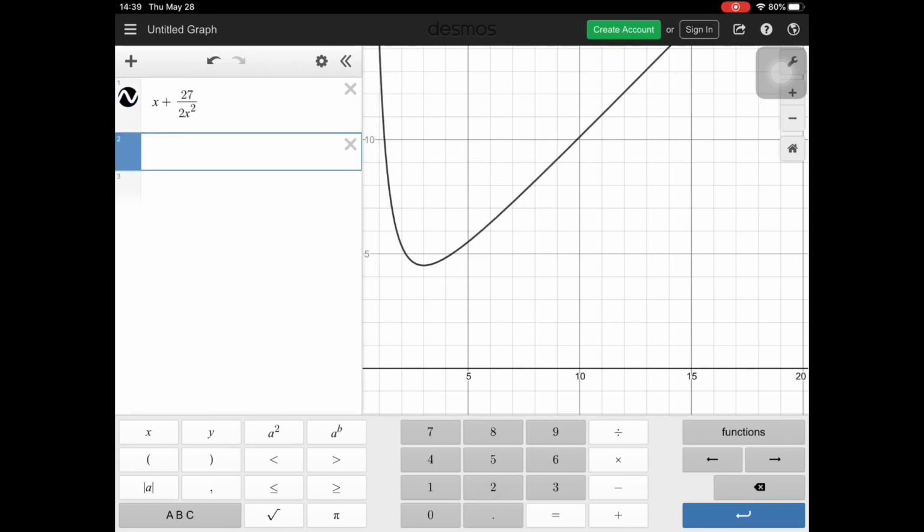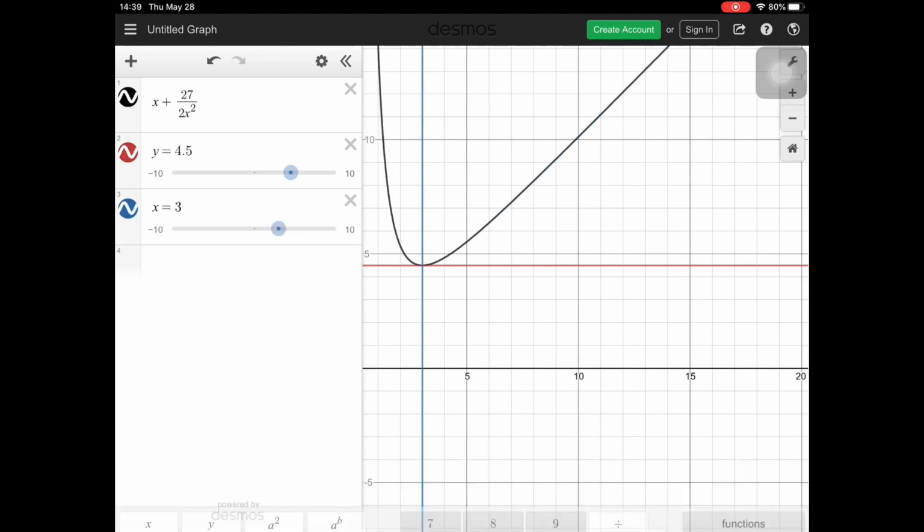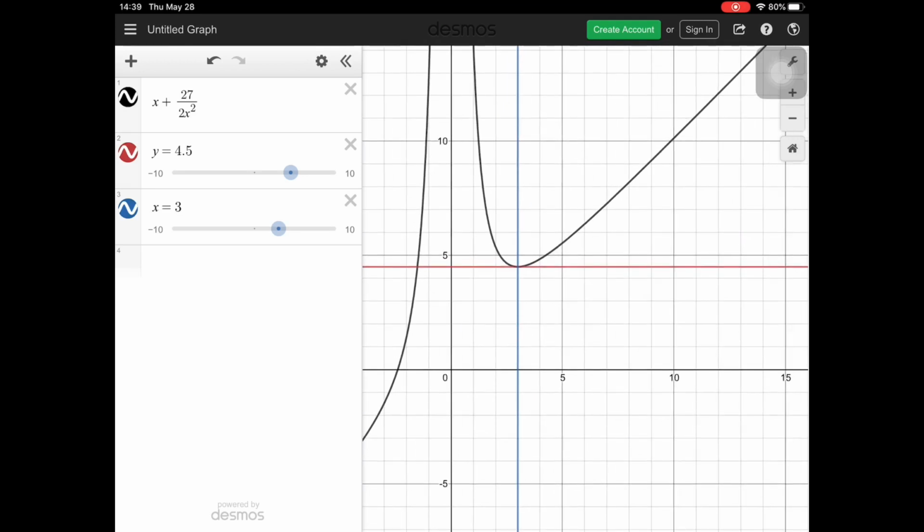Then I'm going to plot the horizontal line, which was y equals 4.5. You see that we get a tangent line there, which is horizontal. And I'm going to plot the vertical line, which is x equals 3. And you see that we get a normal line at exactly the same point of intersection, which is the point 3, 4.5, the point that we found.